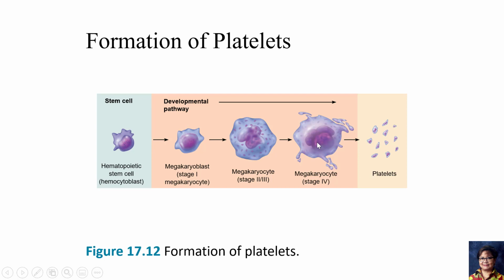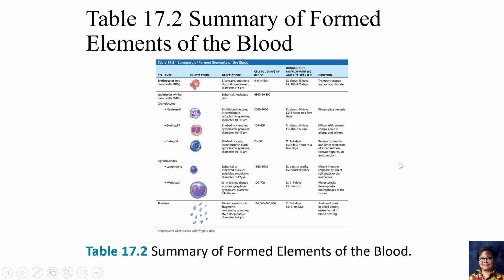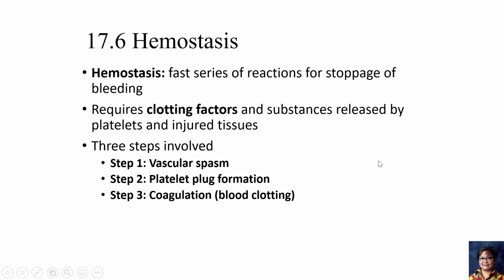So it keeps on dividing until the cell becomes so big that it cannot handle it anymore, and then it will burst. When it bursts, when it disintegrates, then it will be releasing those fragments, which you call platelets. Right? So this is a good cheat sheet for blood elements. Make sure that you know that this is available to you in your studies.